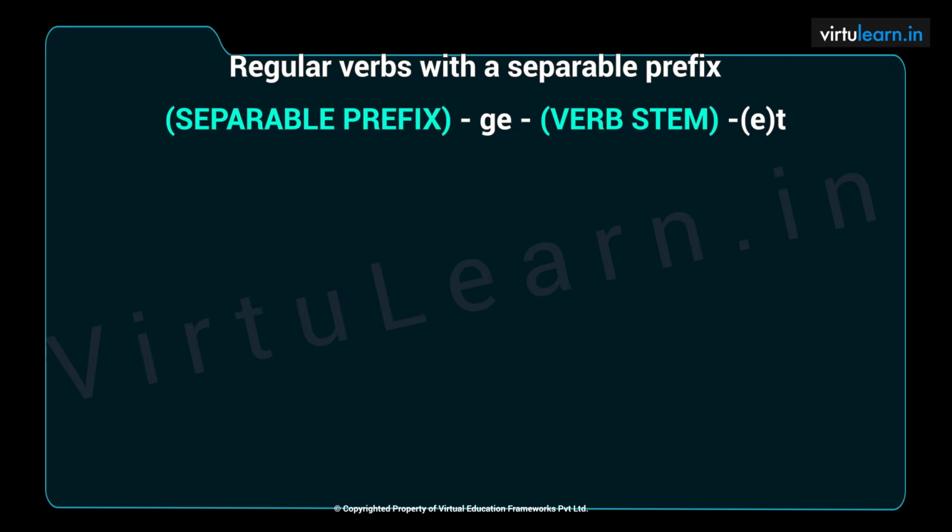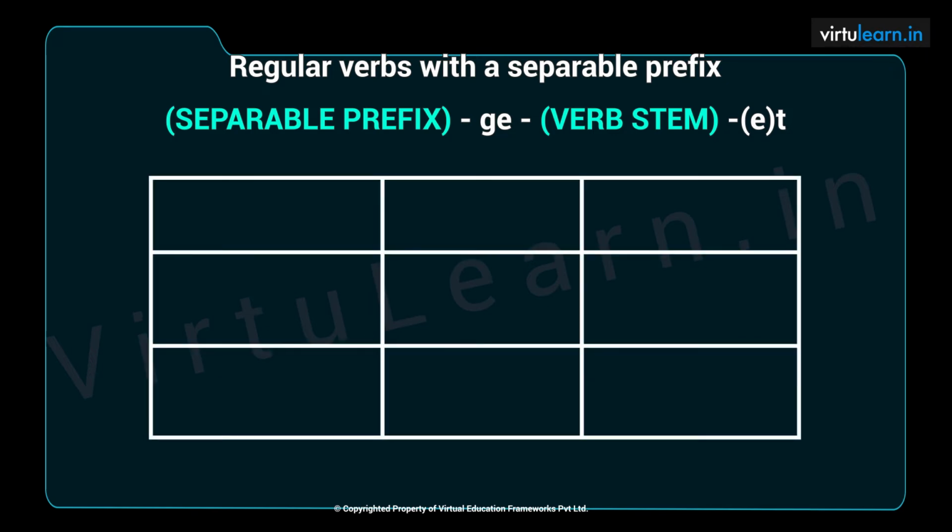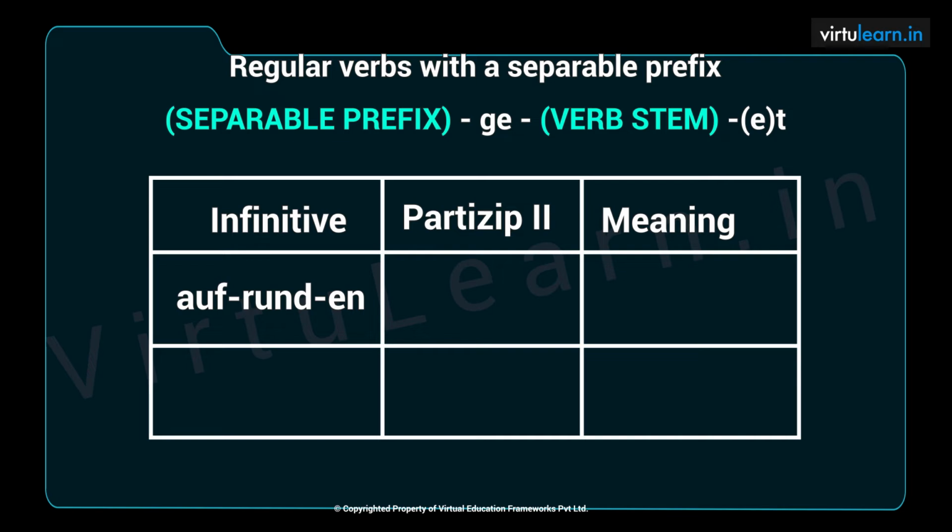So the examples, aufrunden, it becomes aufgerundet. Auf, the separable prefix, GE, the perfect prefix, rund, the stem of the verb.